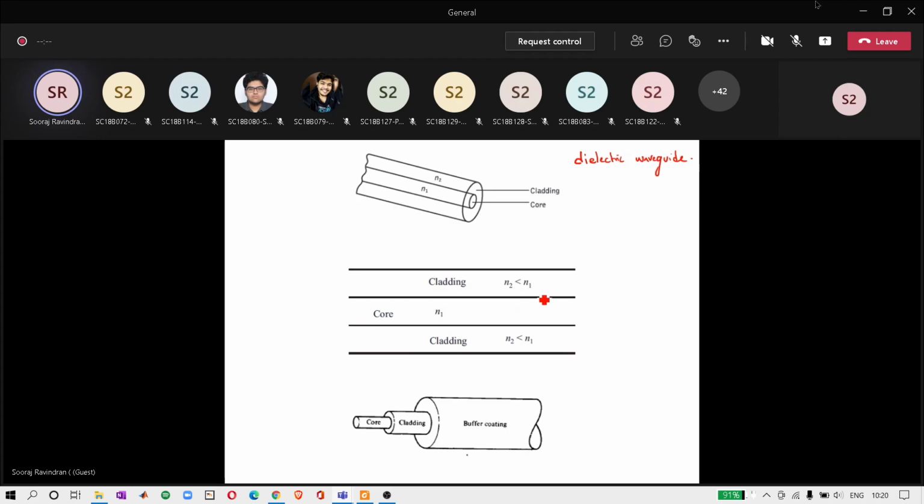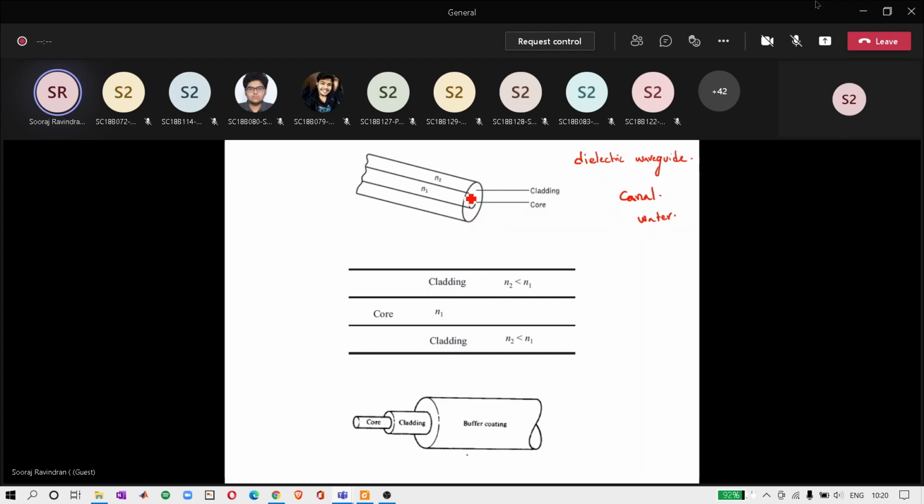For example, a canal is a channel for carrying water. Just like that, waveguides are the canals for carrying electromagnetic waves. If you look at how an optical fiber is constructed, it is a dielectric waveguide with a circular geometry.